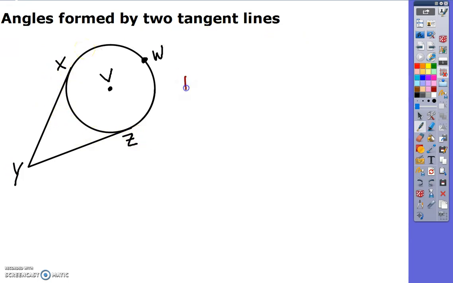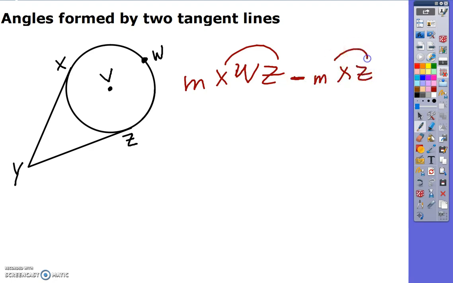So the measure of arc XWZ, which means start at X, go to W, go to Z, minus the measure of arc XZ, if you take half of that, you get the measure of angle Y.